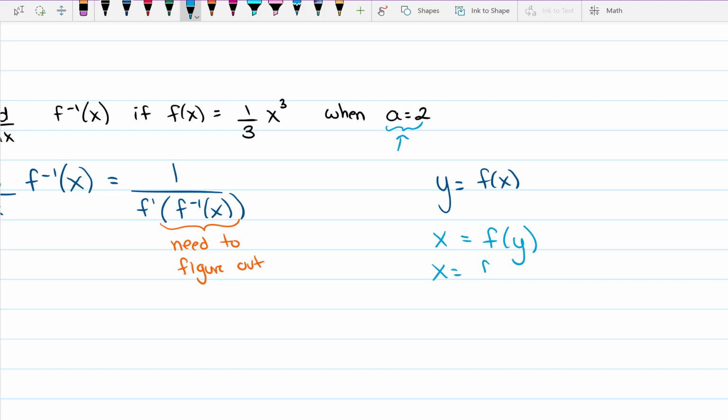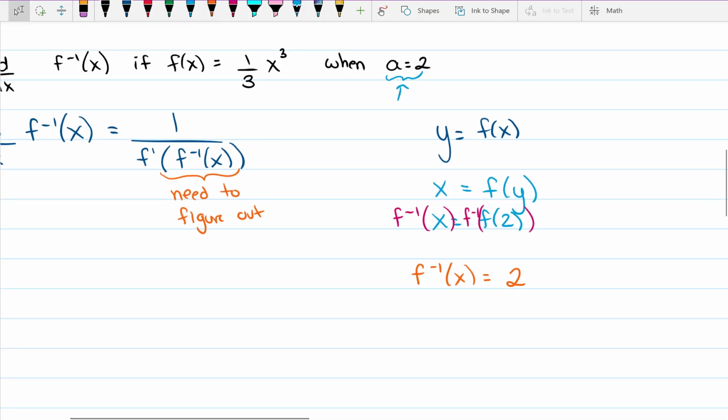So x equals f of 2. Now the way to get the 2 by itself is we're going to take f inverse of both sides. So you get f inverse of x is equal to 2.